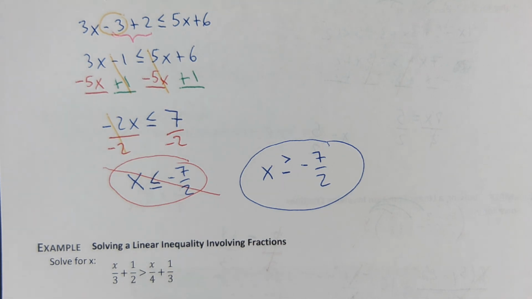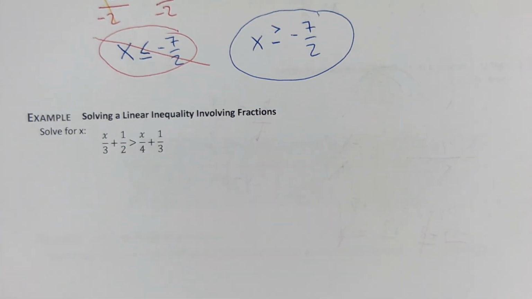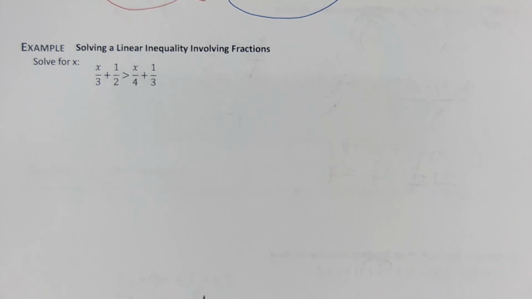Good. Then the last question of this set of notes before we get on to the next one, and hopefully I can get the whole next one finished. Look at all those fractions. Remember I was saying I was hoping that there'd be one that had multiple denominators? There it is. I have denominators of 2, 3, and 4. And boy, oh boy, it would just be nice if we didn't have to deal with fractions, wouldn't it be?